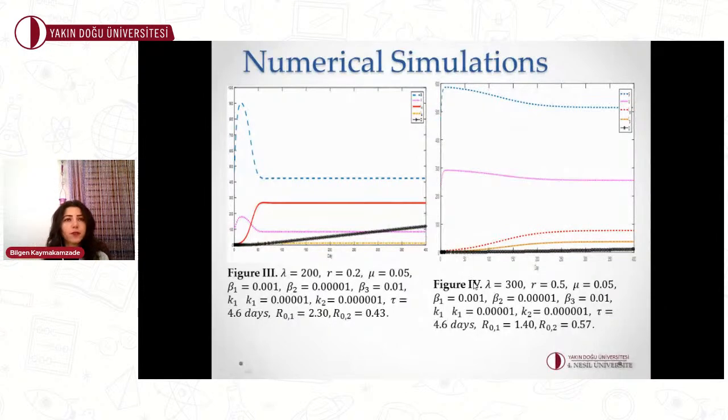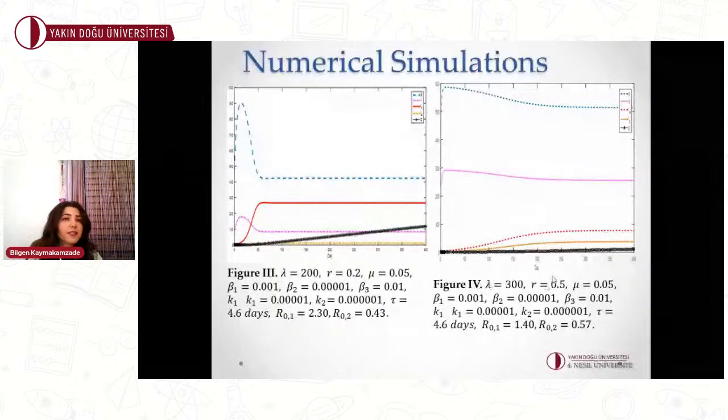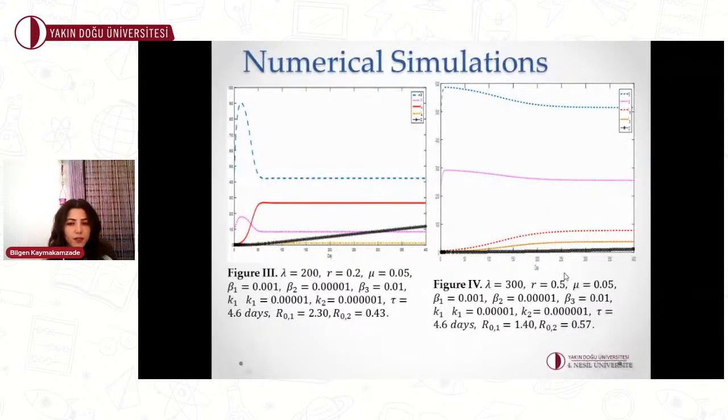And if we check figure 4, we assume that we increase the vaccinated rate, and we assume that there are most people in circulation. We can see that still we have mild infections, but deaths are almost zero.